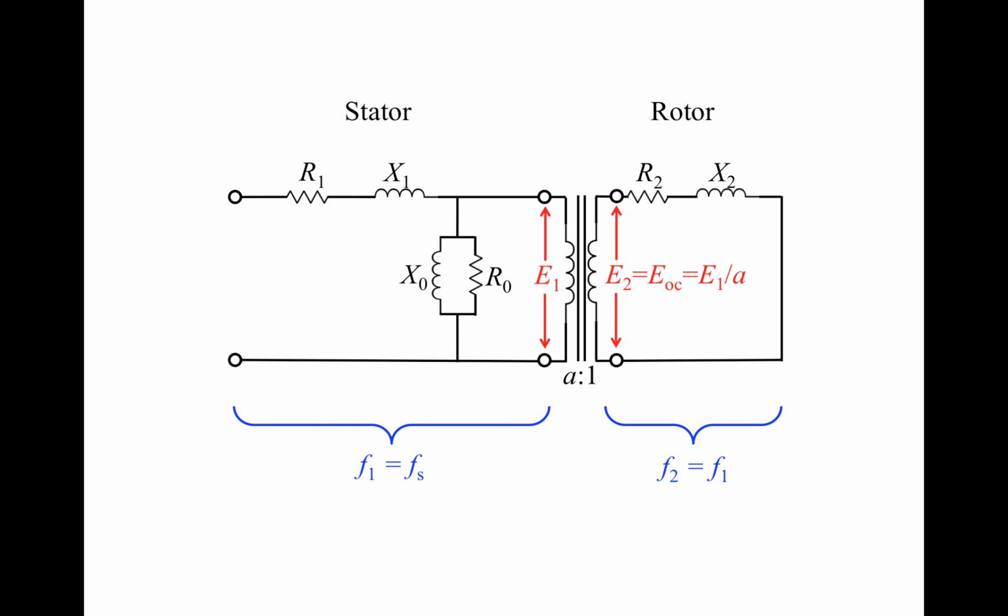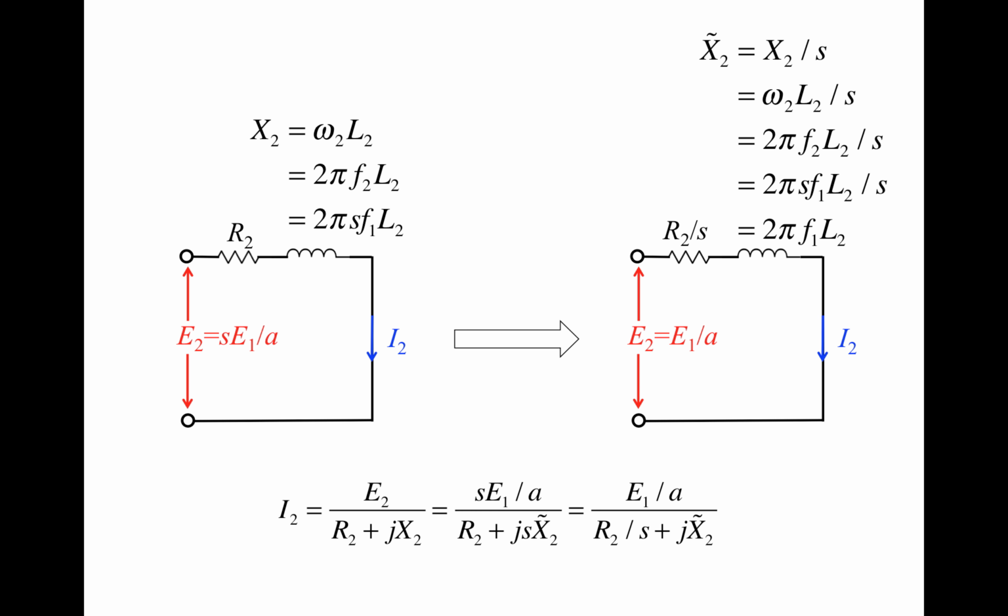By using the transformer circuits. We try to replace the rotor side circuit with an equivalent circuit that has the same frequency as the stator side. So if we only examine the rotor side circuit, we now have E2 equals slip times E1 divided by A. That's the amplitude difference under the rotational speed given by slip S. If we look at this particular circuit, we have only 2 passive components.